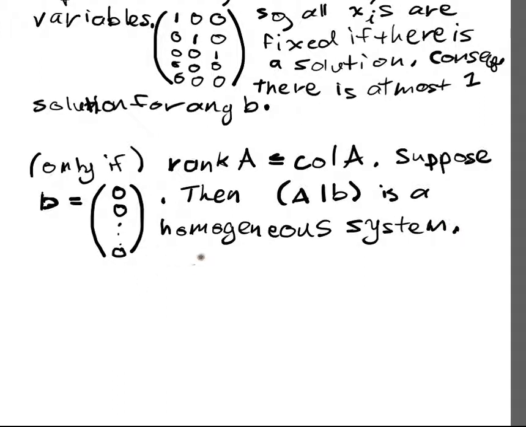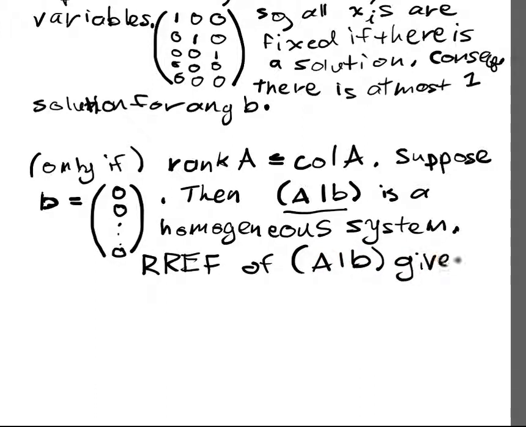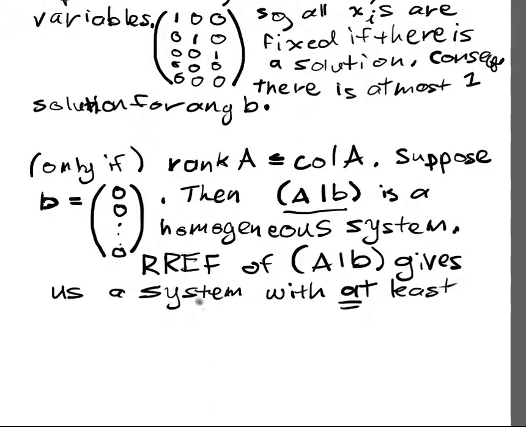And when we do the reduced row echelon form of this guy, it gives us a system with at least one free variable with a solution, at least one solution.